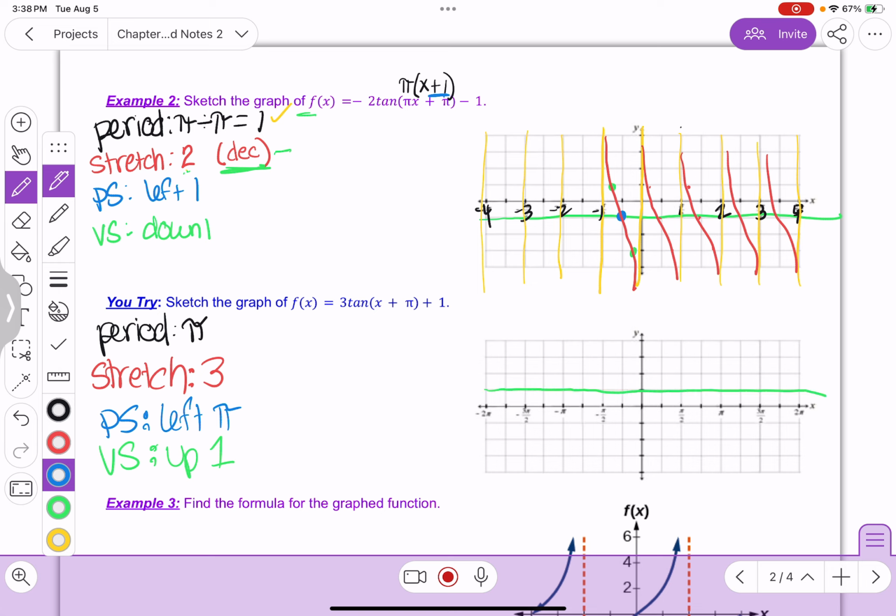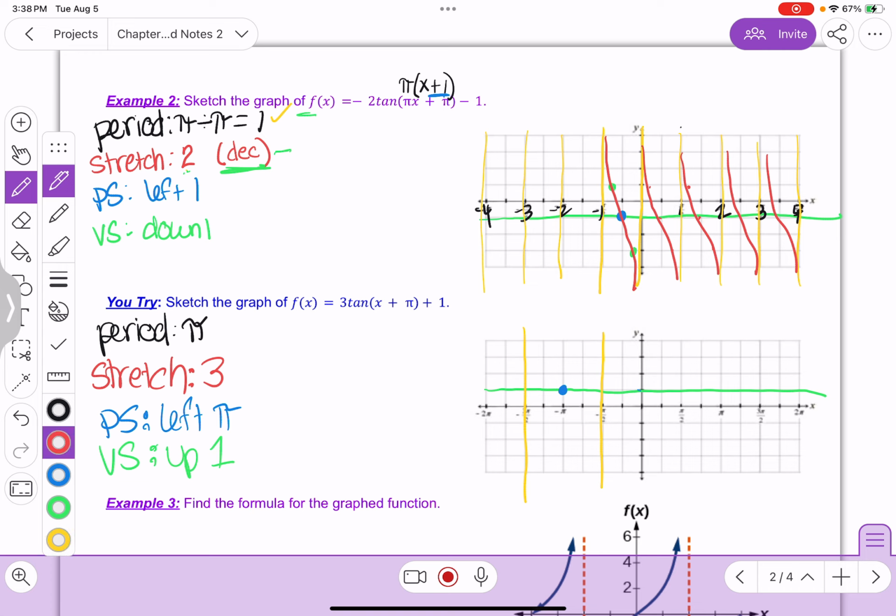And because we're going left pi, instead of starting on the y-axis, we're going to start here at that blue dot. Since the period is pi, I'm going to go pi over 2 on each side. So the period would be between those yellow lines.